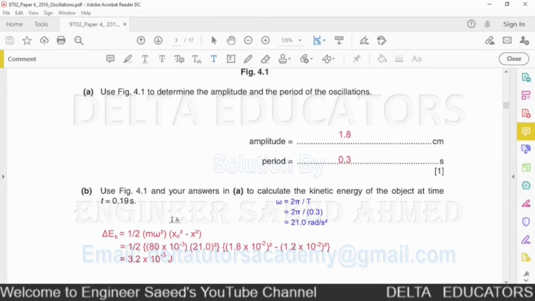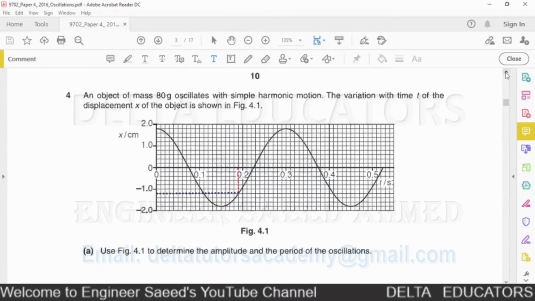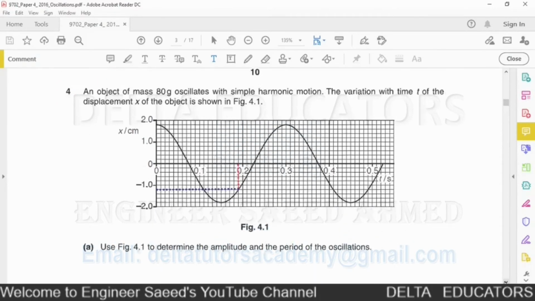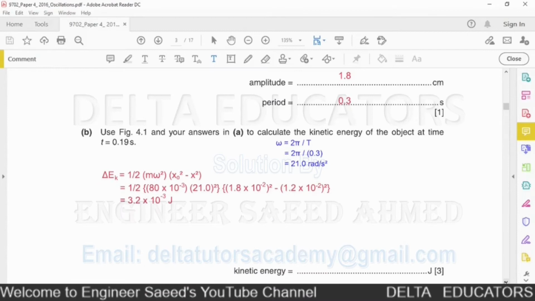Now x naught is the amplitude at time t is equal to 0 second. At time t is equal to 0 second, amplitude is 1.8 and at time t is equal to 0.19 second, it is 1.2. So value of x naught is 1.8 and value of x is 1.2 and these two values are in centimeter. Now we have to consider the amplitude in meters.